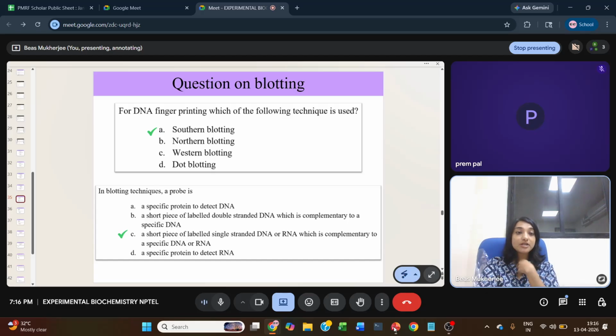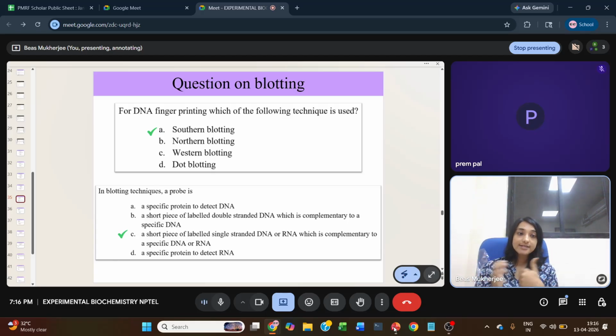So DNA fingerprinting is very useful in detection of criminals. For example, some murder scene has happened and all these forensics people go and collect items, right? And then they go for DNA fingerprinting to identify who has touched all these things, right? So basically whether it is belonging to a particular person or not.